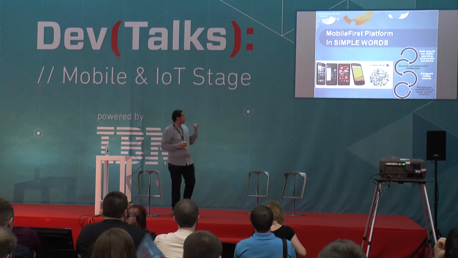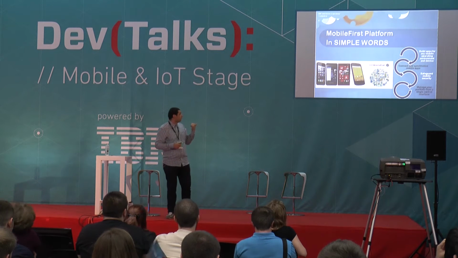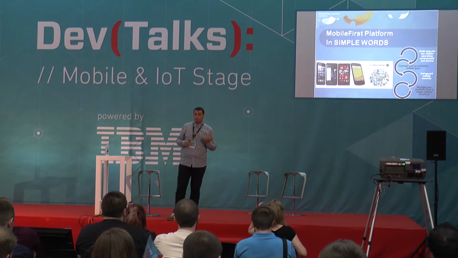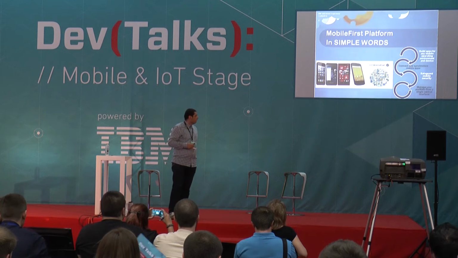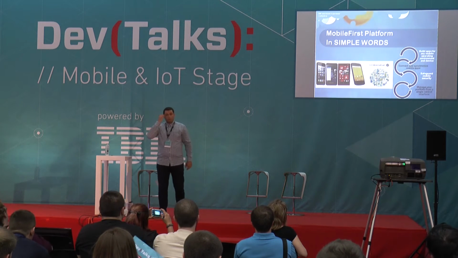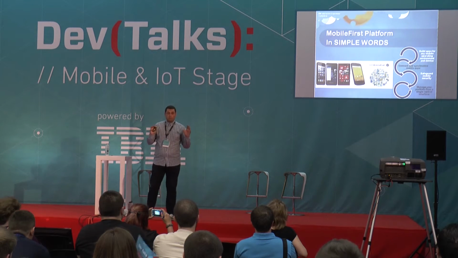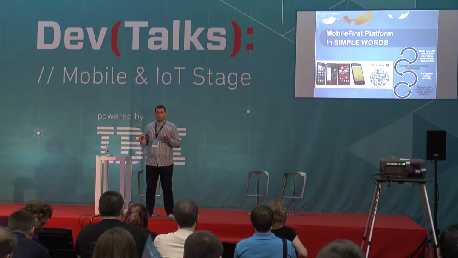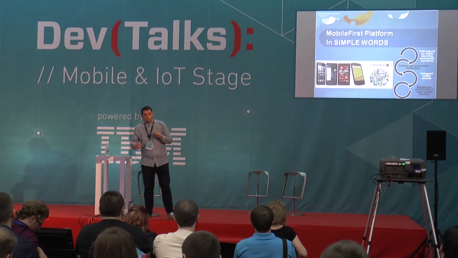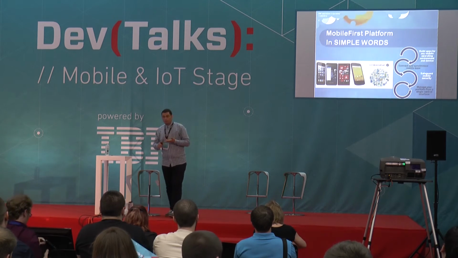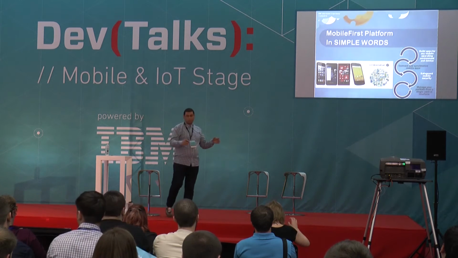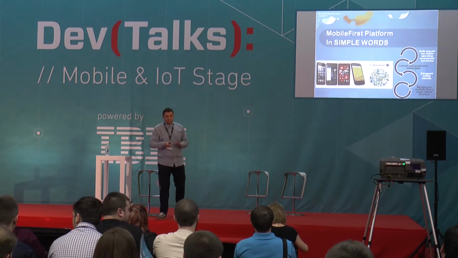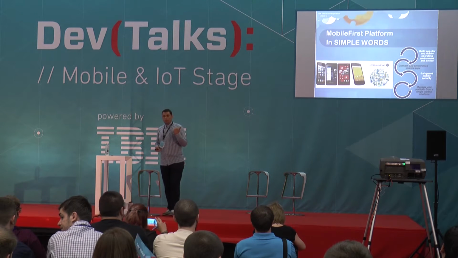Why would this Mobile First Platform be interesting? Why would you look at it? That would be because, as you may have known from the Cordova part, you can build the same application, same design, but for different targets. That would be iOS, Android, Windows, other operating systems, using the same code.